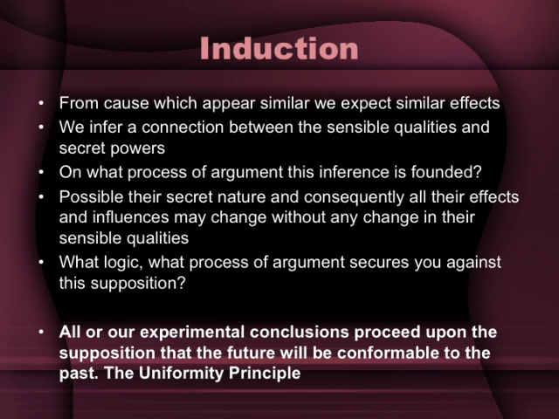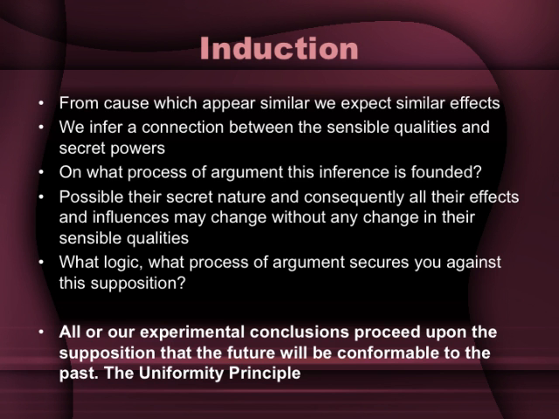And this leads to Hume's skeptical argument. Because of the uniformity principle, in order for a person to logically argue that the future will resemble the past, they need to prove that the uniformity principle is rationally justified, because that's what they rely upon. They rely upon the superstition that the future will always conform to the past.